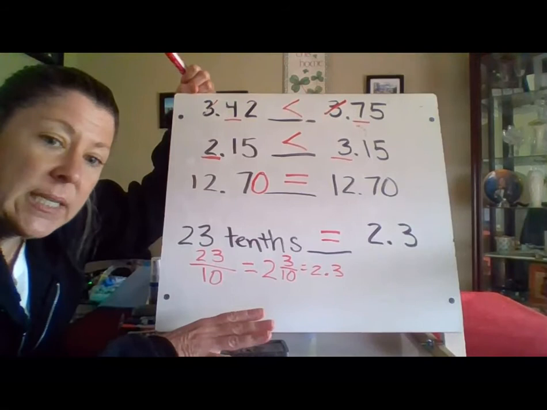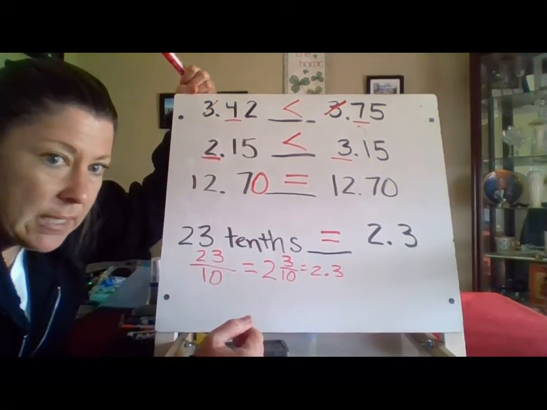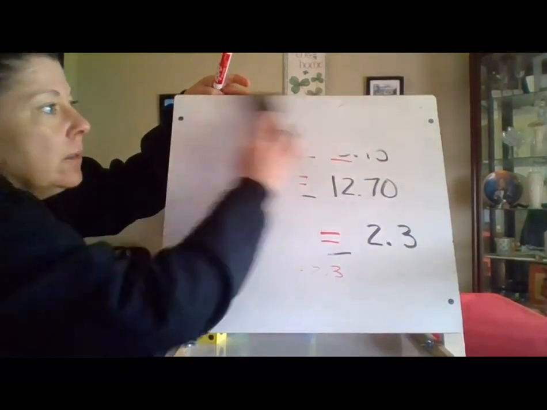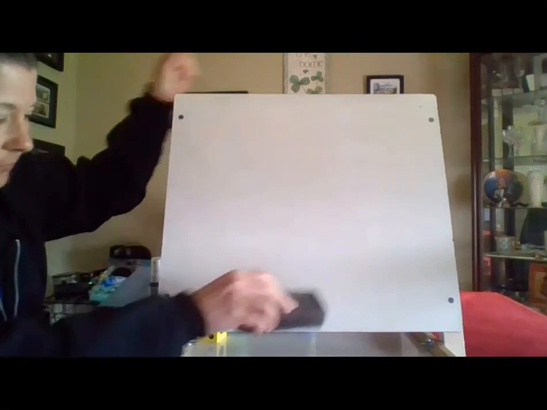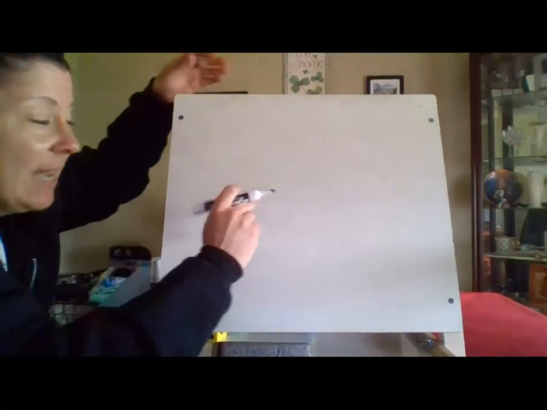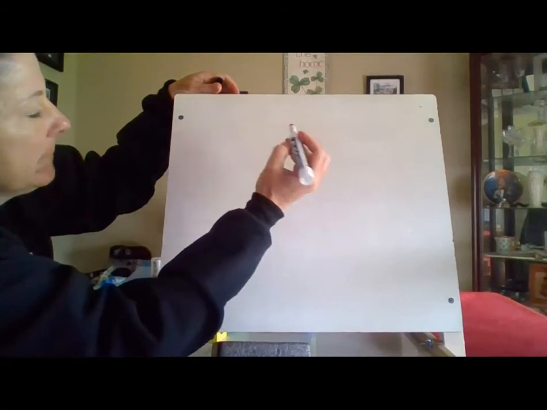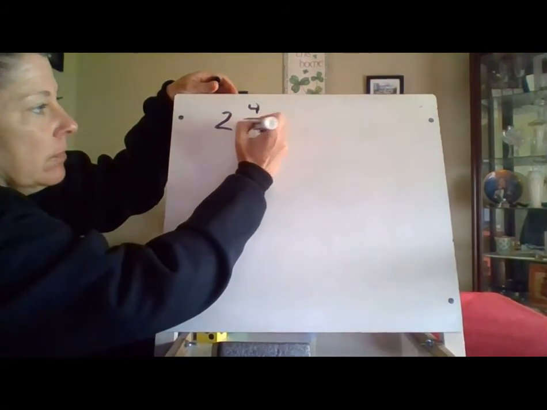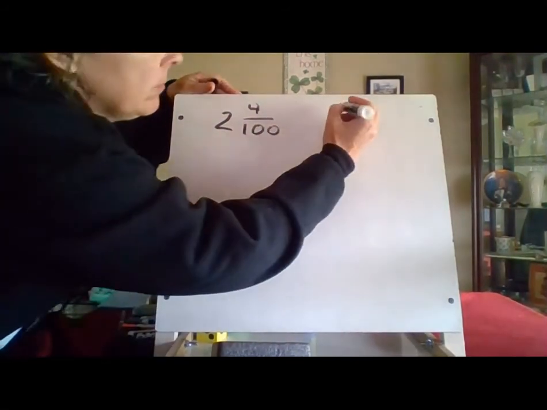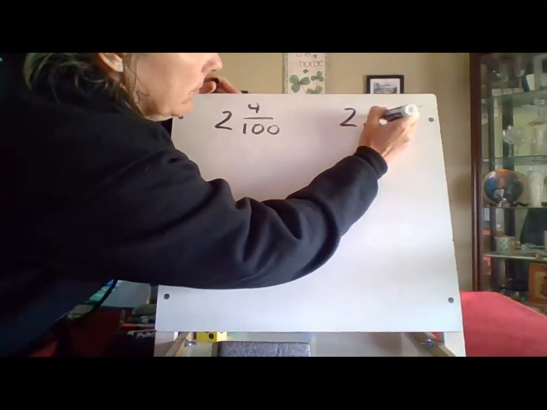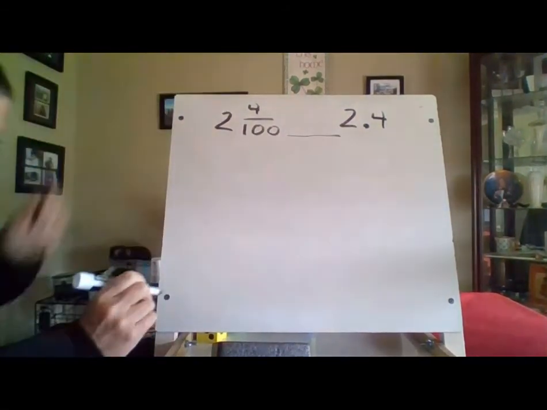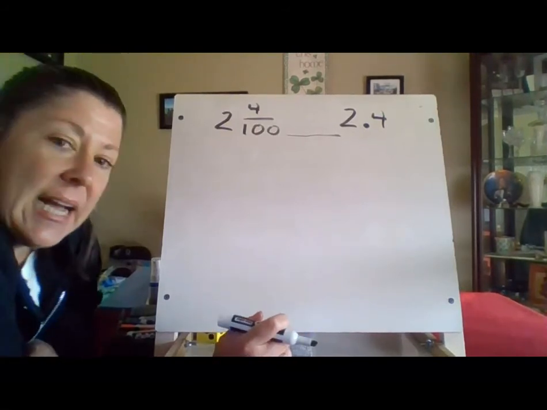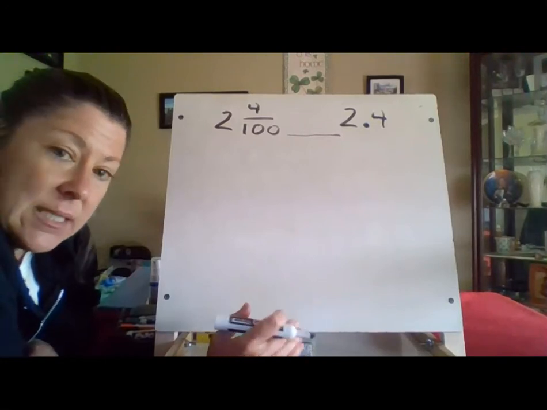Going to try a few more examples. They're similar to what's in your problem set, but not exactly the same. So if I have something like, I have 2 and 4/100, a mixed fraction, and then I have 2 and 4/10, a mixed decimal.